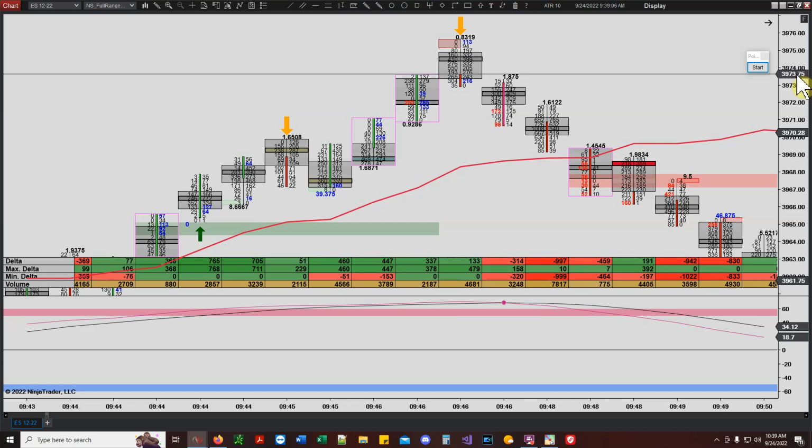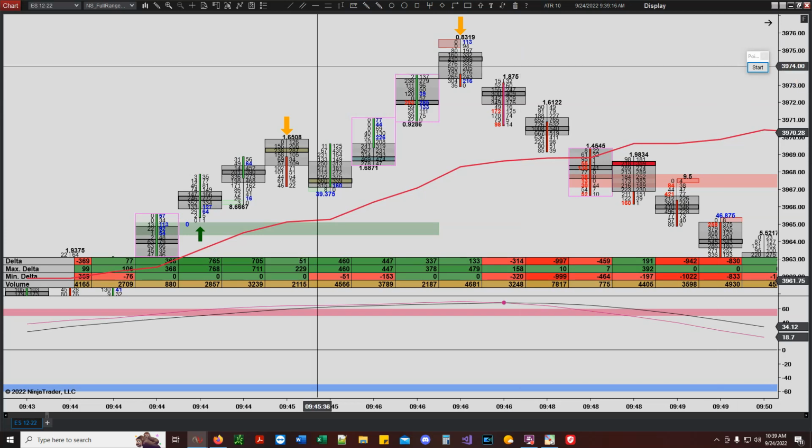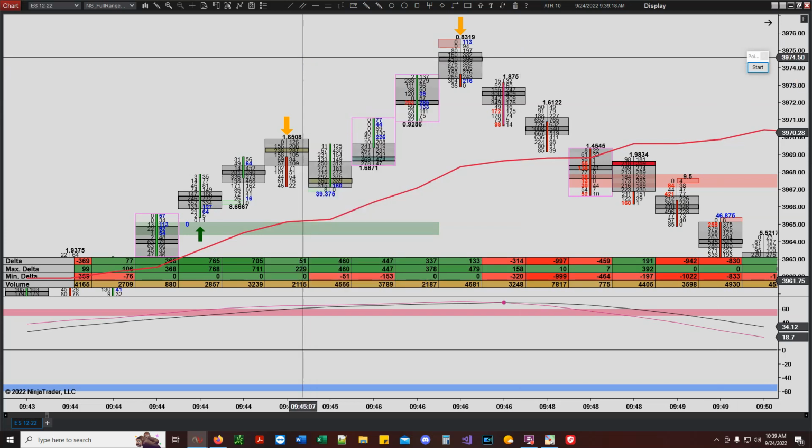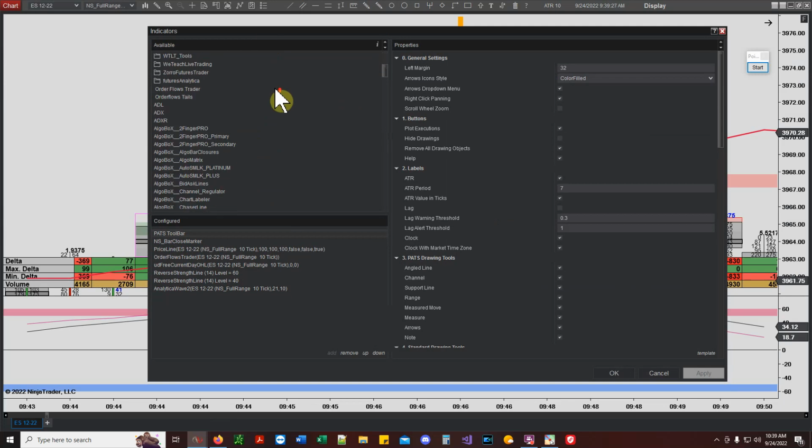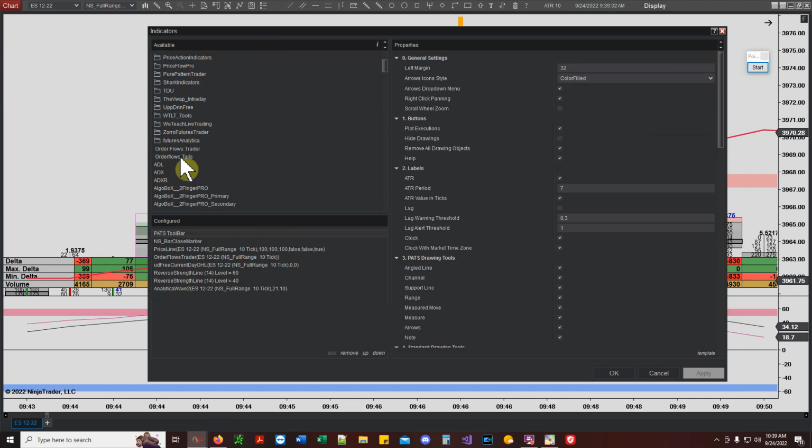With that being said, there are two indicators that he's given away for free on his website. Let me show you what indicators those are. Let's go into this. The indicators are the Analytical Wave 2 and Reversing Strength Zones.